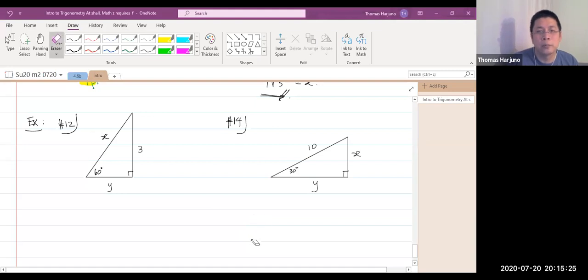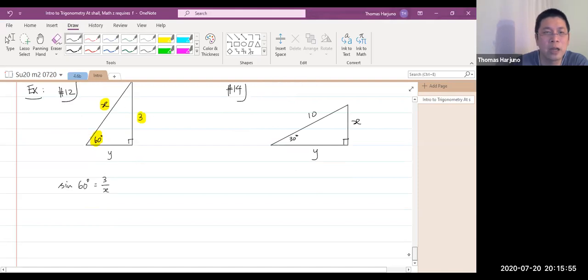Okay, let's start. So here, because it's 60 degrees, number 12, what relates 60 degrees and 3 and x? Either sine, cosine, tangent. That's opposite over hypotenuse. That's sine. So sine 60 degrees is 3 over x.